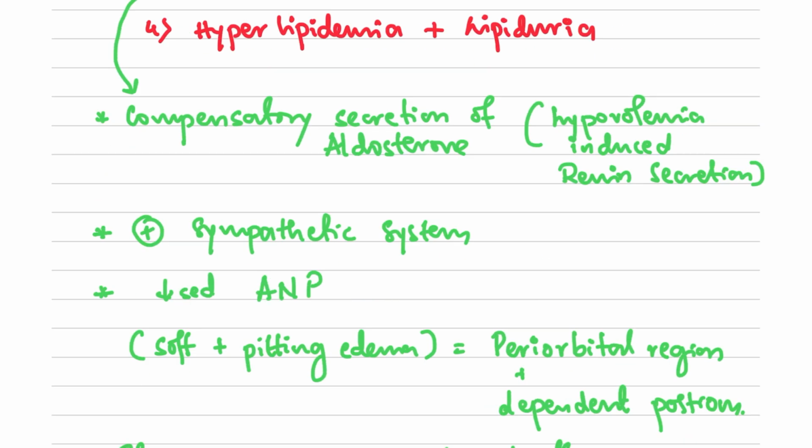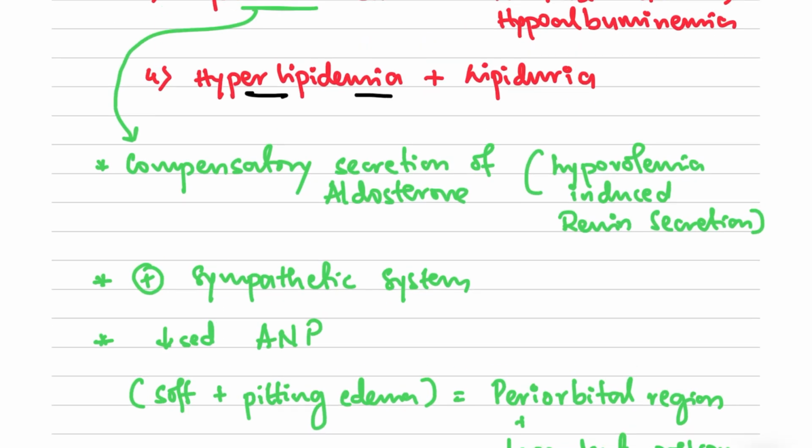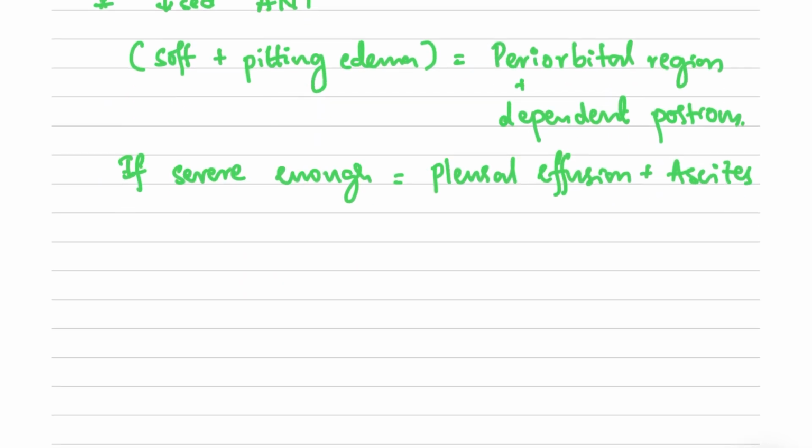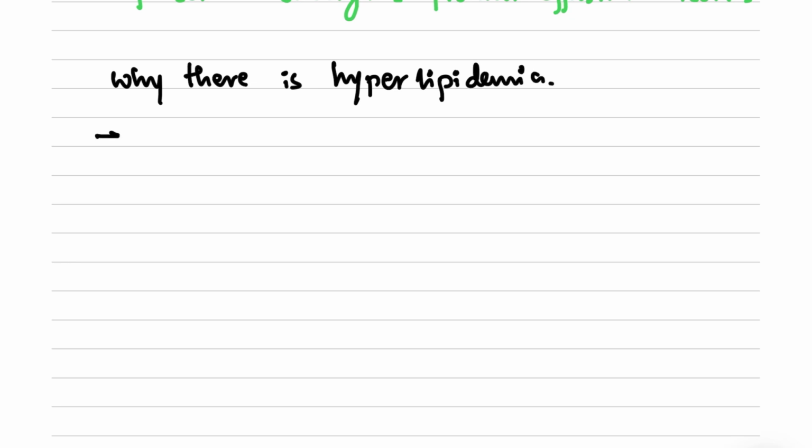Now let's look at why there is hyperlipidemia and lipiduria in the nephrotic syndrome patient. The number one reason is increased synthesis of lipoproteins in the liver.